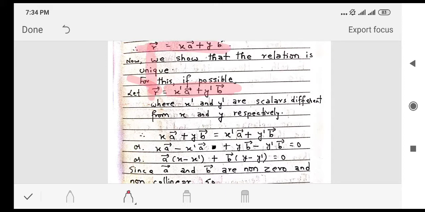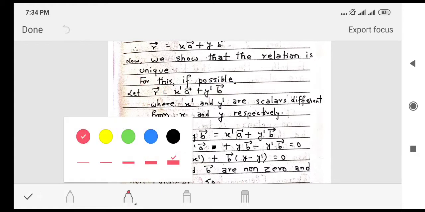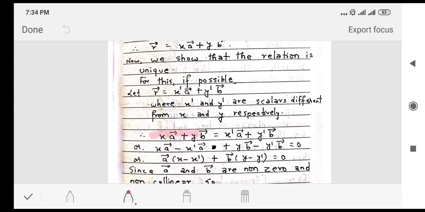Its left hand side is equal, so its right hand side will also be equal. So we can write x times vector a plus y times vector b equal to x dash vector a plus y dash vector b.